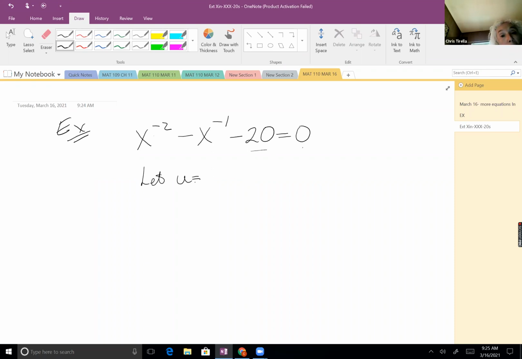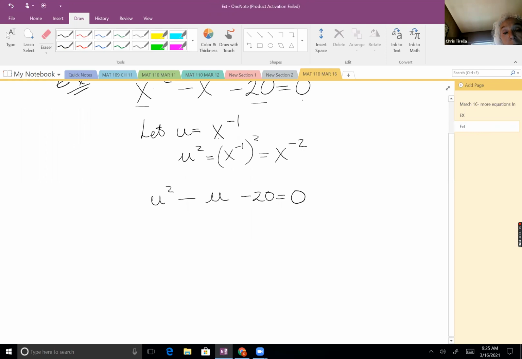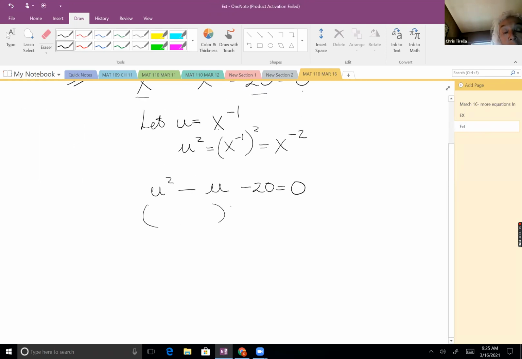Anybody? The negative first. If u is x to the negative first, u squared would be x to the negative first squared, which is x to the negative second. And so we can replace x to the negative second with u squared. We can replace x to the negative first with u, and our constant stays the same. I think that one's a pretty simple factor.